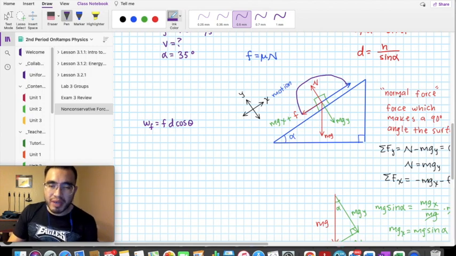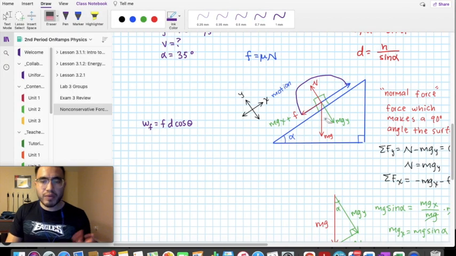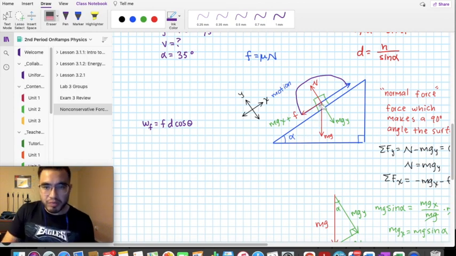How many degrees does half a circle have? It is 180. Okay? Again, to know what theta is, I have to identify the direction of motion, which is upwards, right? The sphere is moving upwards, up the incline, and then compare it to the direction of the force. In this case, the force I'm looking at is the force of friction. They're opposite, right?